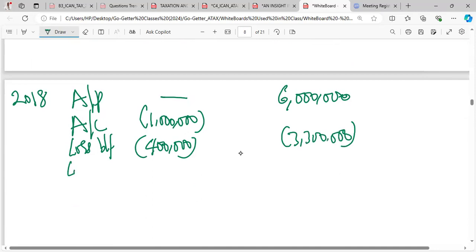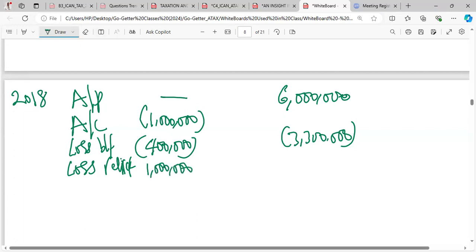Now, loss relief. We will take 1 million naira from here to relieve this one for the current year. All right, so we'll take 1 million.